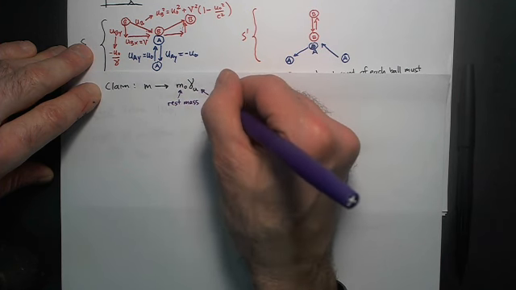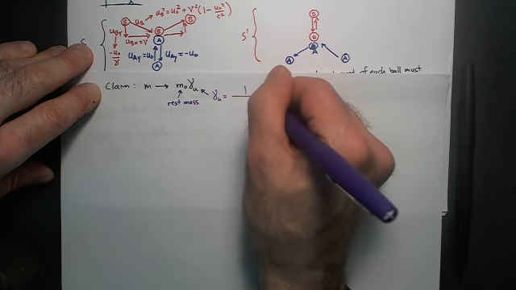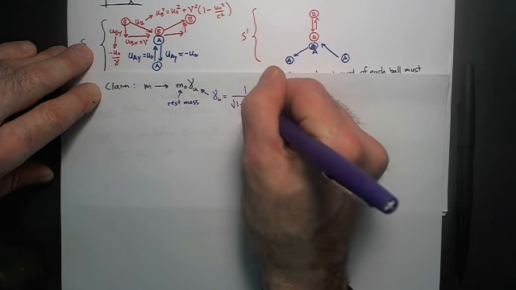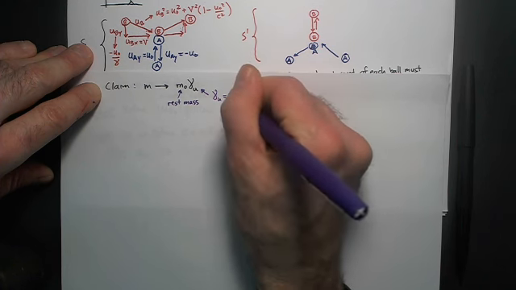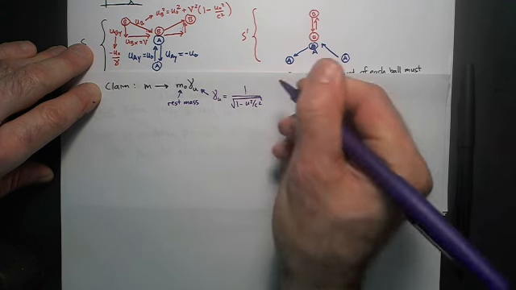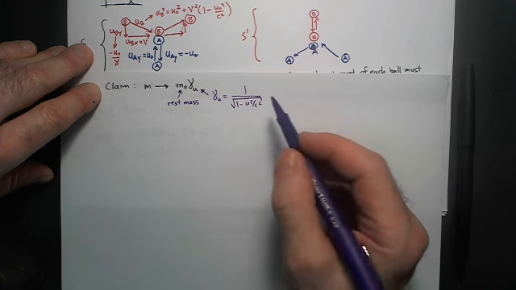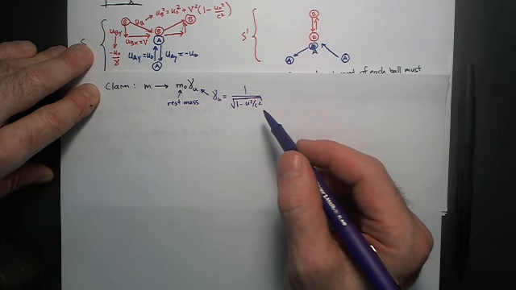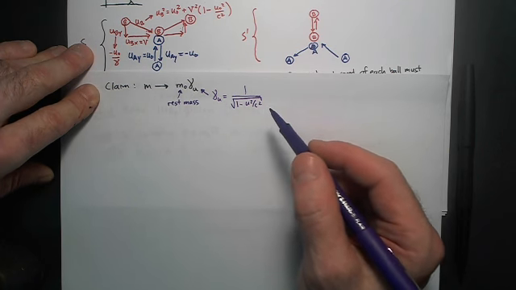So gamma sub u is equal to 1 over the square root of 1 minus u squared over c squared. And so you can see that that gives us a mass that increases as the velocity increases.